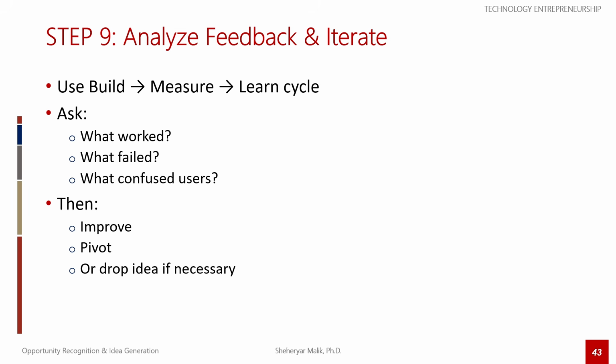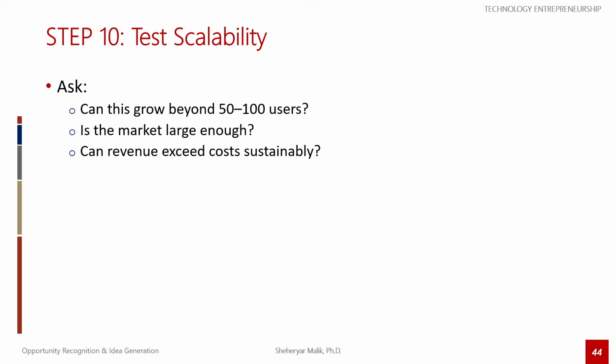You're going to ask: what has worked, how much has worked, which parts sound interesting to the customers, and what has failed and confused the users? What are the areas where users are not building trust, or which are creating confusion among them? Then we are going to improve it, and pivot or drop the idea if necessary.